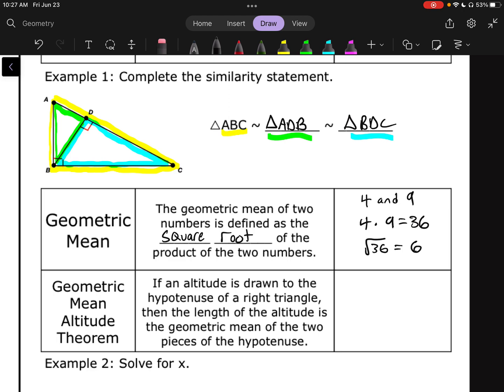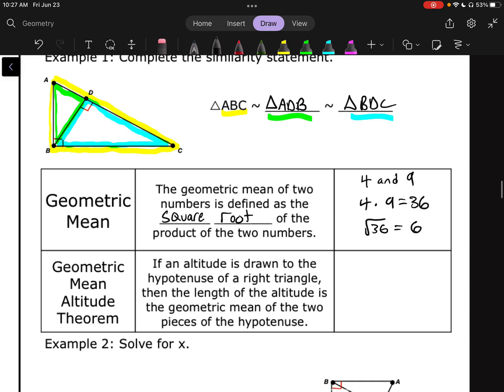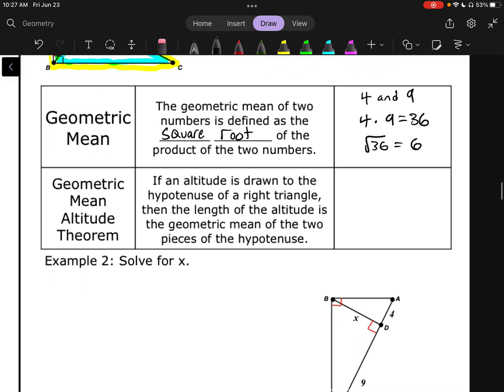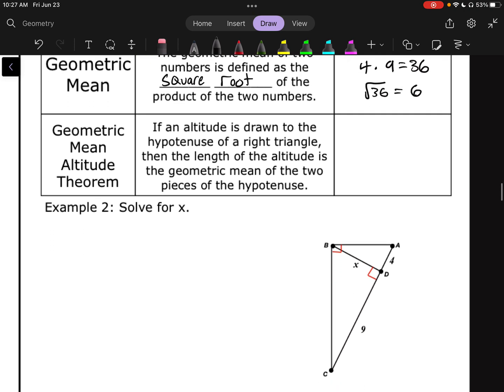Okay. Now, the reason that we're bringing that up is that we've got some things going on inside these similar right triangles involving geometric means. So the geometric mean altitude theorem says, if an altitude is drawn to the hypotenuse of a right triangle, then the length of the altitude is the geometric mean of the two pieces of the hypotenuse.